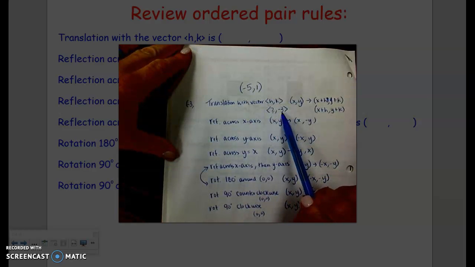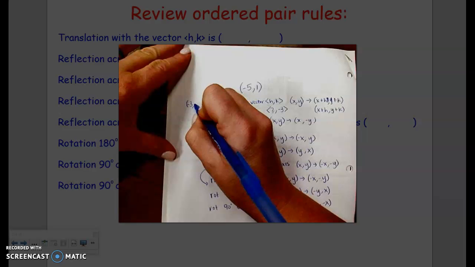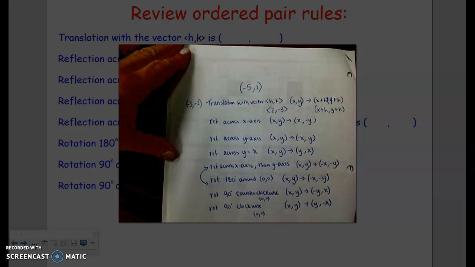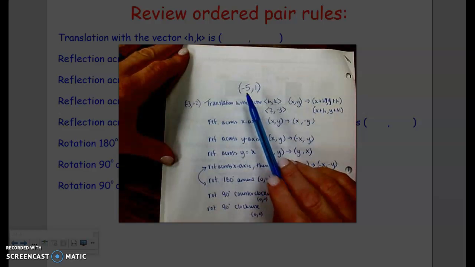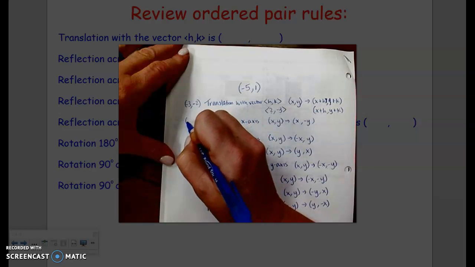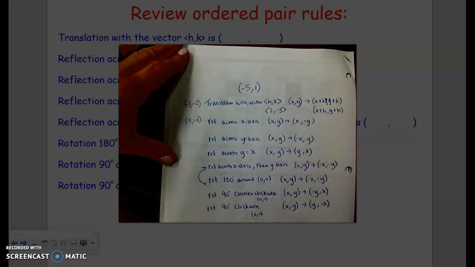And this is the up and down change. Negative means we're going down 3, so I need to subtract 3 from the 1, and that gives me the y-coordinate of -2. If I'm reflecting across the x-axis, I'm changing the sign on the y-coordinate, so the x-coordinate is going to stay -5. The y is going to change signs and become -1.